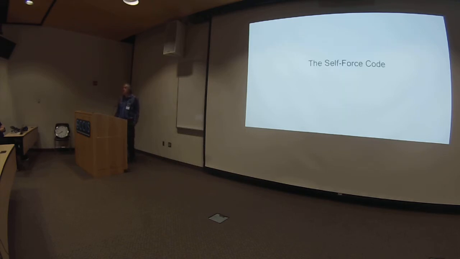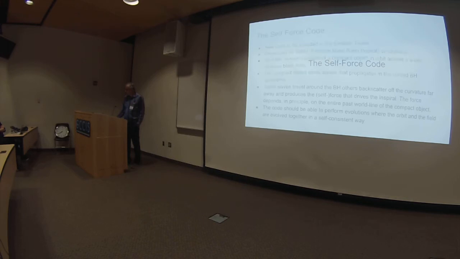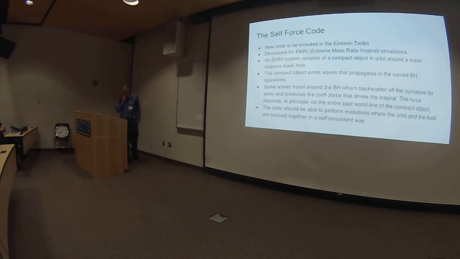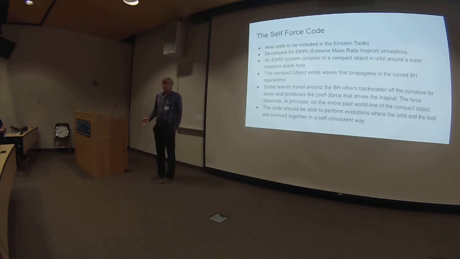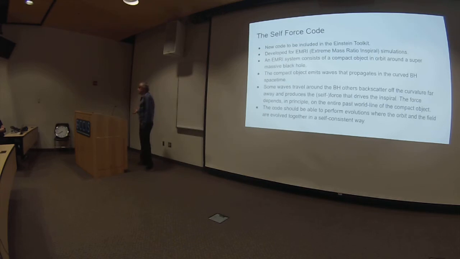Okay, so we'll switch gears a little bit, and this isn't even about Cactus. This is about the self-force code, and I asked Peter Diener to give me some slides about this. I'm not deeply familiar with it, but with his code. The concept when we formed the Einstein Toolkit was that it wasn't supposed to just be Cactus.